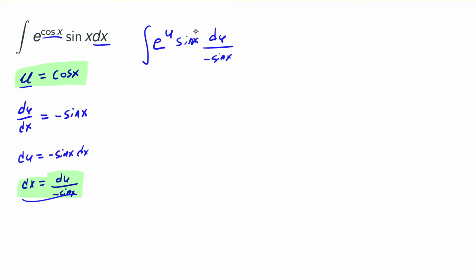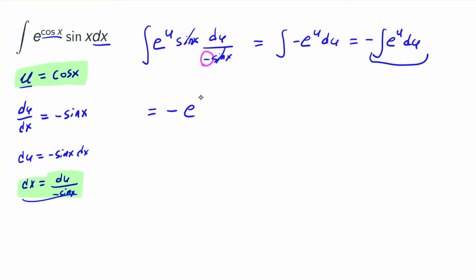And you see that this sine cancels out. But don't forget the negative sign. The negative sign is still here. So we have negative e to the u du, which is the same thing as negative outside of the integral, then integral of e to the u du. Now we can take the antiderivative of this, which is negative e to the u plus c, because it's an indefinite integral.